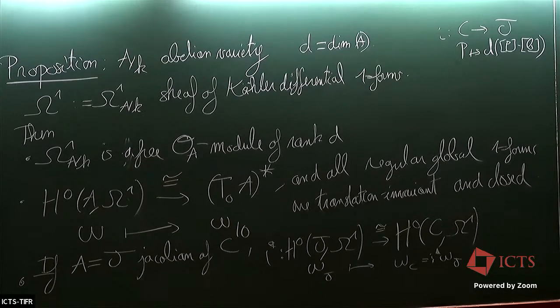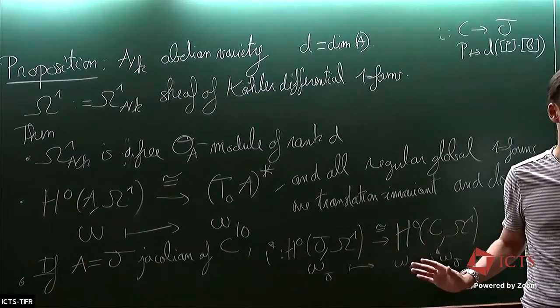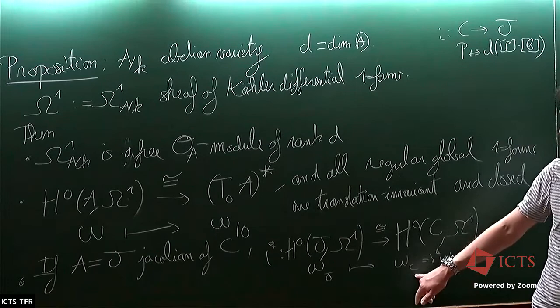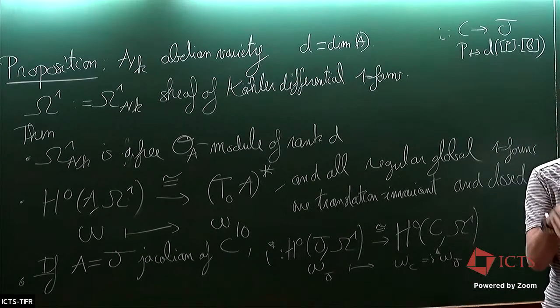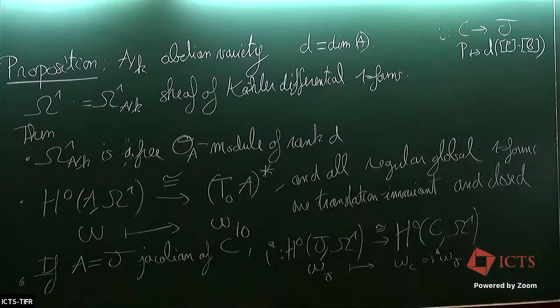And I can see them either on J or on C, depending on my needs. So I will call it omega C when I really want to think about it on C, and omega J when I really want to think about it on J. And that will be the main thing we use.